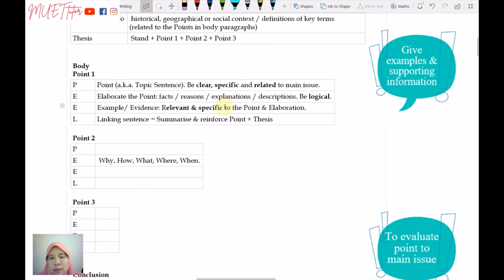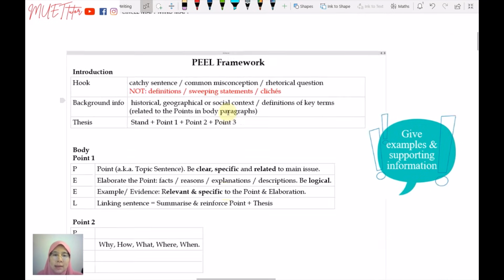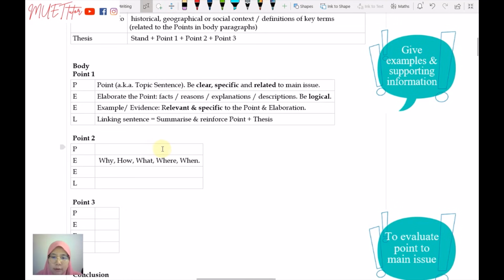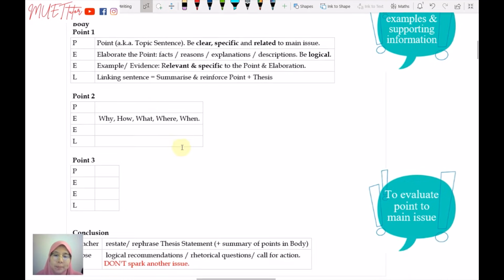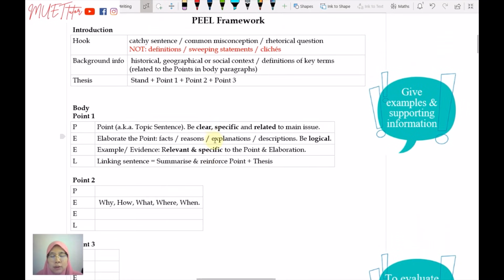The organization of the ideas can be done creatively, but MUET writing can be rigid. There's no room for creative writing, and in fact, you're doing the examiners a favor when you write in a common style, like having the thesis statement at the end of the introductory paragraph and the topic sentence at the beginning of a body paragraph. It helps them to mark your essay faster. Right, back to our framework.